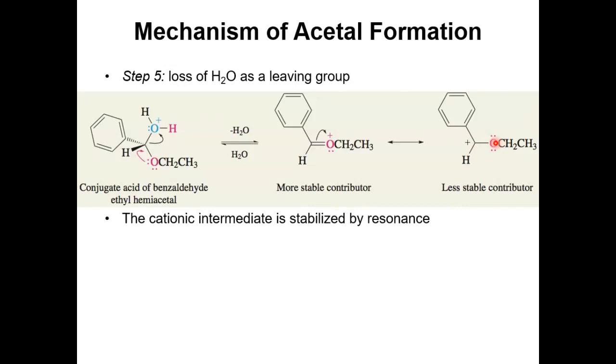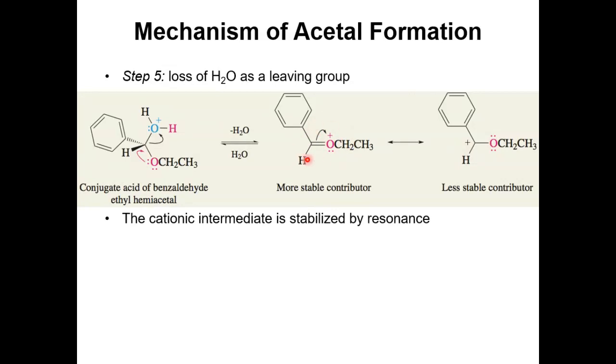a lone-pair-bearing oxygen atom. We already saw a few times that a lone-pair-bearing atom has a very strong ability to stabilize the positively charged carbon next to it. Same thing here: because this positive carbon is next to the lone-pair-bearing oxygen atom, you can write the other resonance form, which is this one.